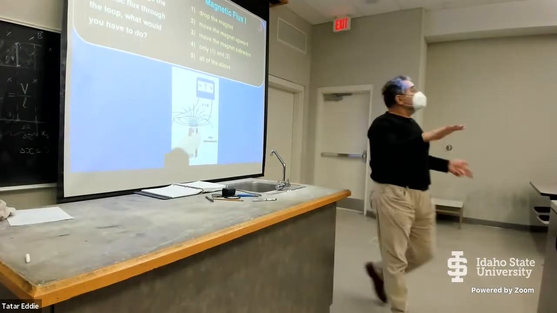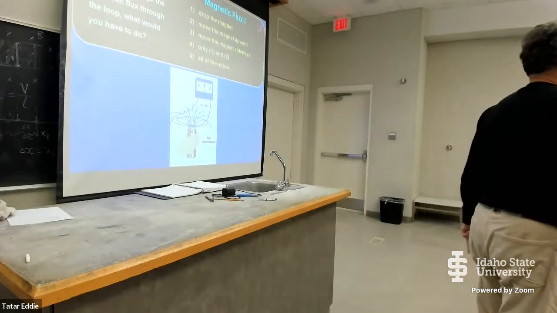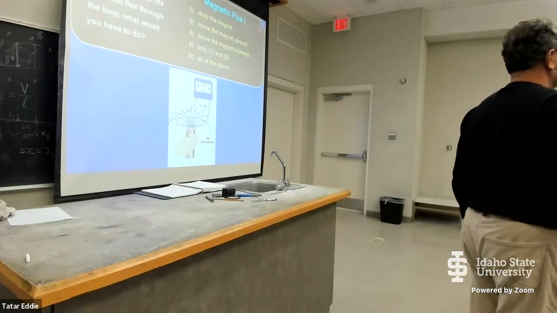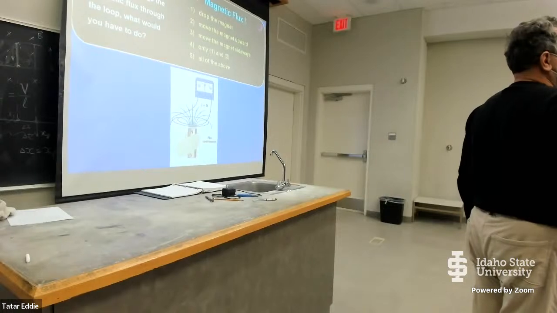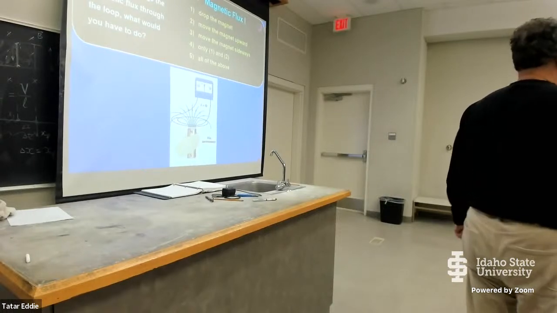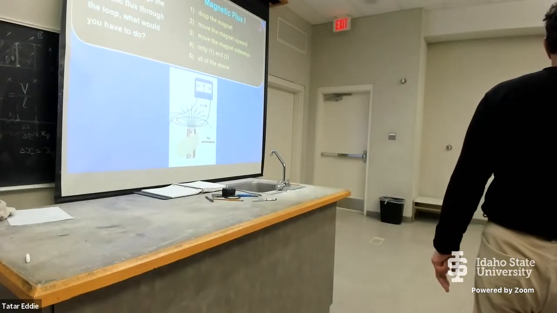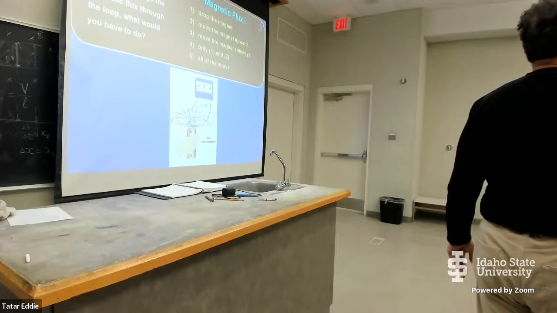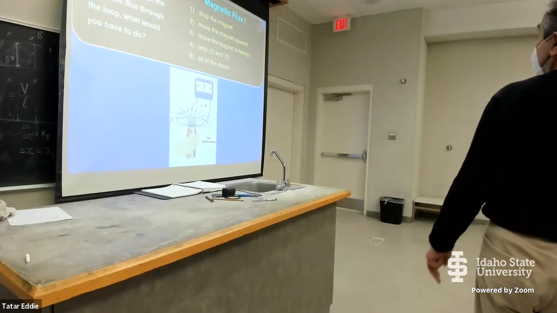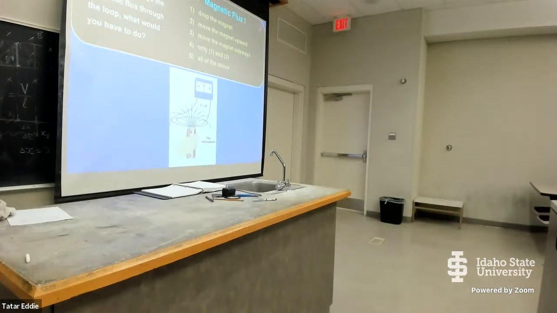Well, any way you move the magnet, it is likely that it is going to create some change of magnetic flux. Of course, the largest change of magnetic flux, the fastest rate of change, is going to occur when you are moving up and down, as you see from the experiment here, right? From this demonstration.